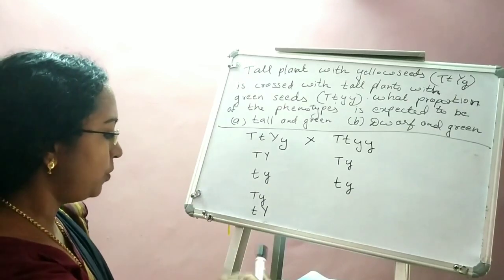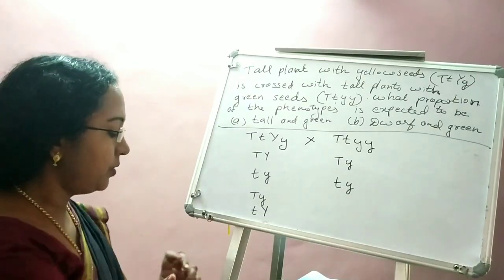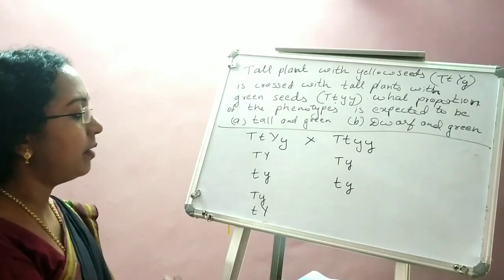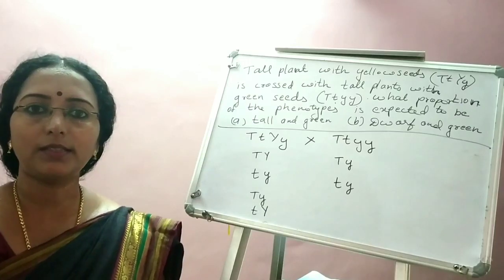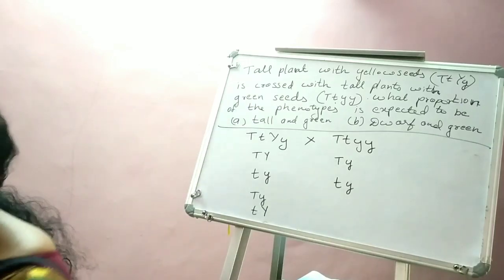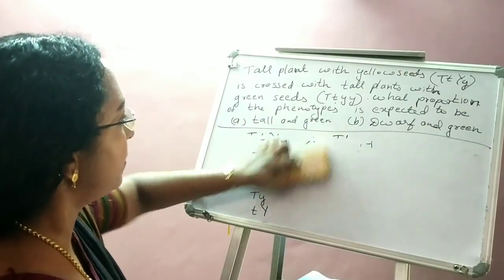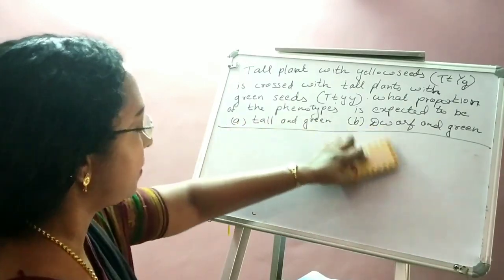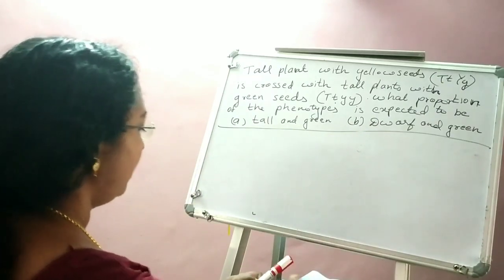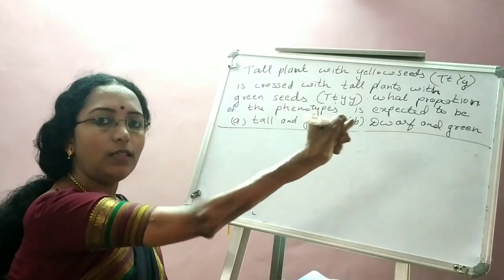Now to get the progenies correctly, what should I do? I should write it in the Punnett square. Okay. So I'm just going to draw the Punnett square. For that, I have to write the gametes on the left and on the top.